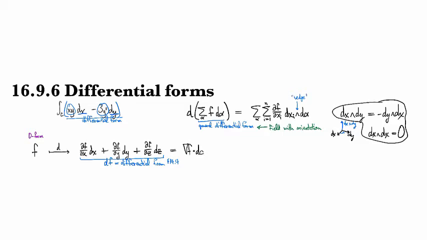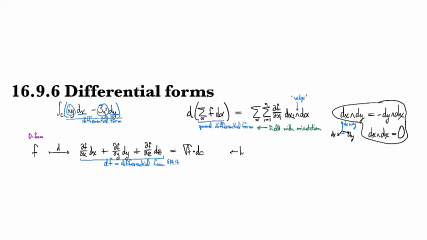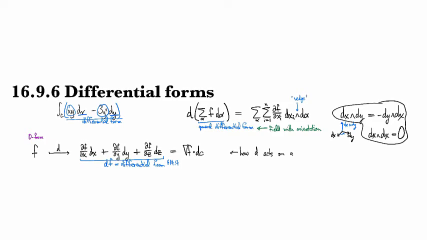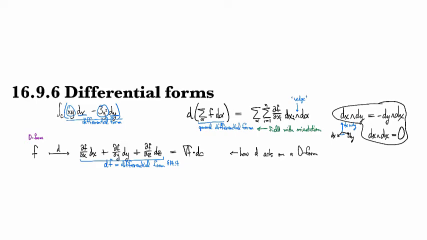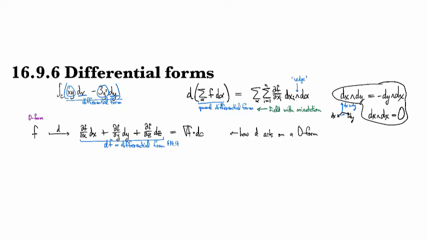Okay, so we just looked at how d acts on a zero form, aka just a scalar function. Now let's look at how d acts on a one form.